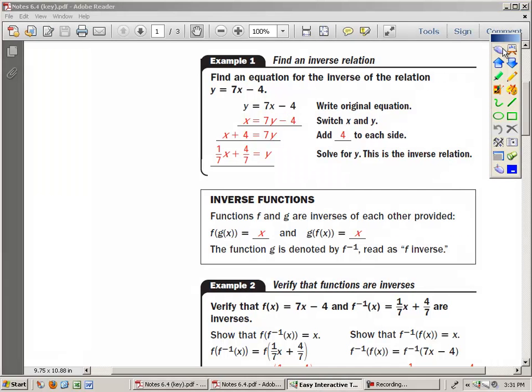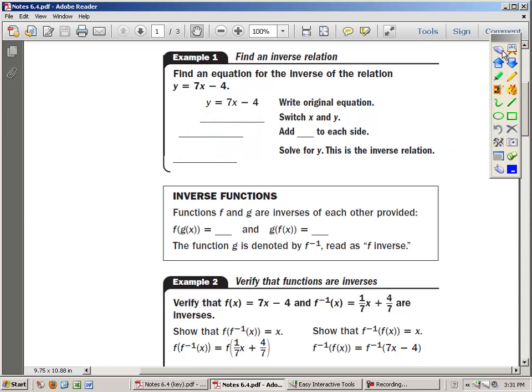I want to flip over here to the one where the answers aren't in it. There we go. It says find an equation for the inverse of this relation. In the definition above, we said that to find the inverse of anything, we simply interchange the x and the y. So now we have x equals 7y minus 4. We add 4 to both sides and get x plus 4 equals 7y.